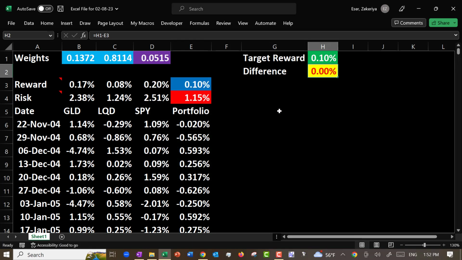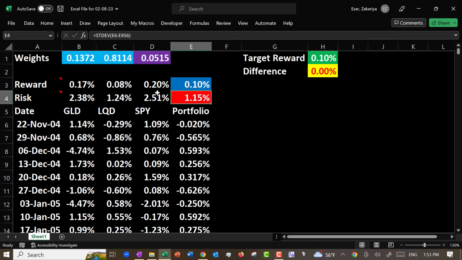This basically says this portfolio will have a yield of 0.10% or a reward of 0.10%, and its risk is only 115. As you can see, that risk is also lower than any one of these.